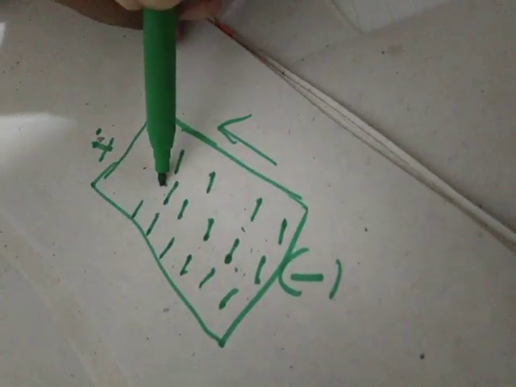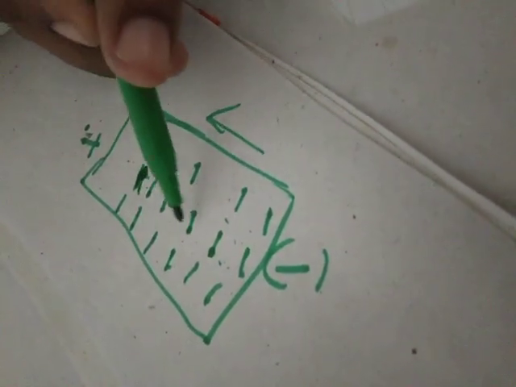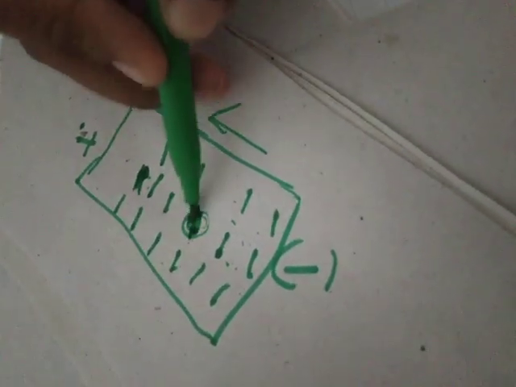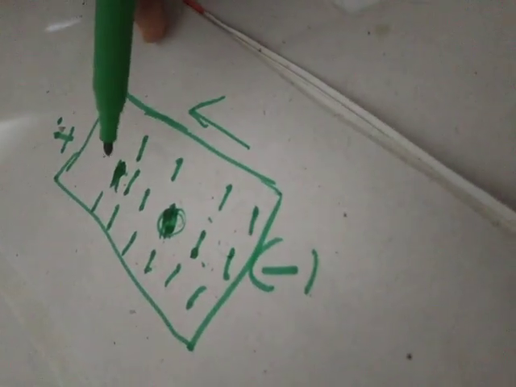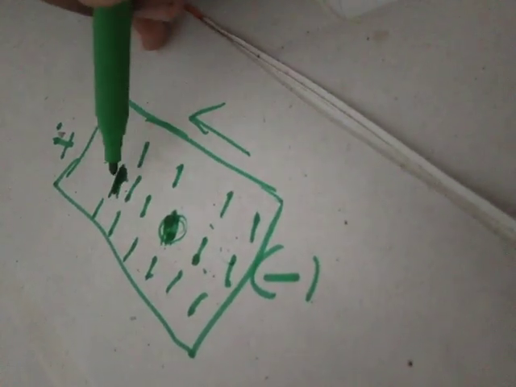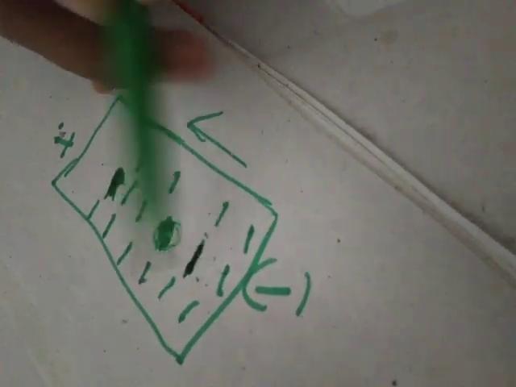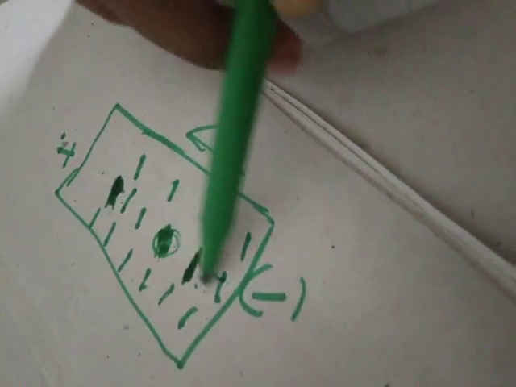What are the factors in this movement? The size of the molecule determines the distance. If it is a small fragment it travels far, and if it is a big fragment the distance is low. So this is the important thing.